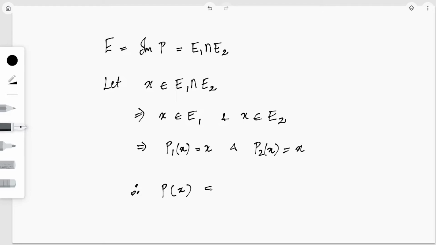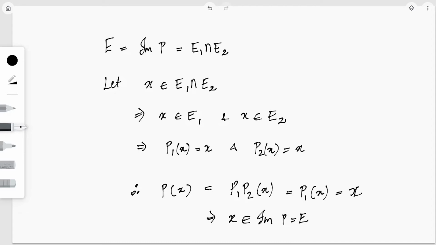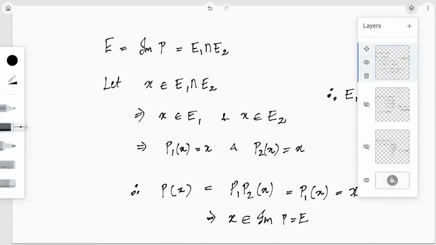P of X will be nothing but P1 P2 of X. So this is P1 of P2 of X, which is P1 of X, which is again X. So I get P of X is X. This implies X belongs to the image of P, which is equal to E. So what have we got? When I chose an element in E1 intersection E2, it was an element in E. So this one inclusion is satisfied.